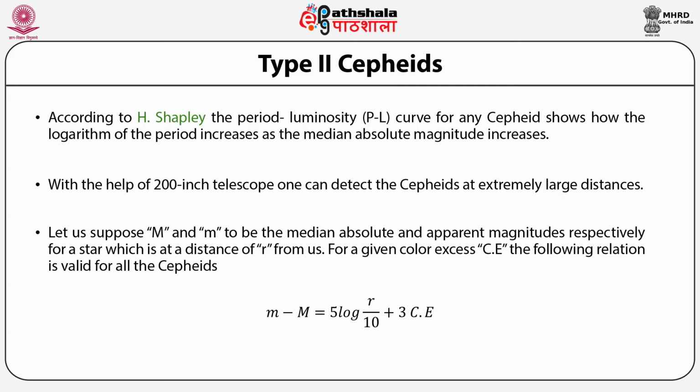Beyond our galaxy, type I Cepheids are frequently observed, making them strong candidates for the measurement of extragalactic distances. So using this equation, having a relation between small m and capital M, the color excess can be described.